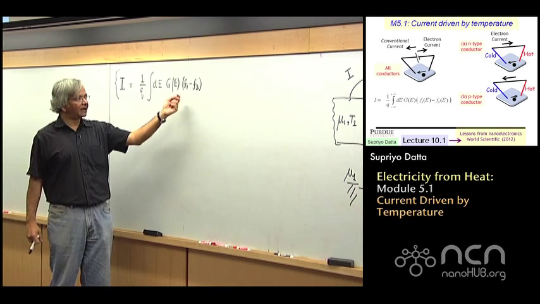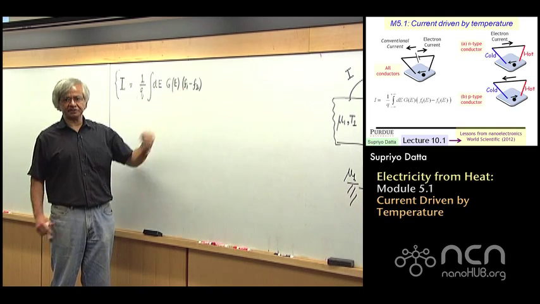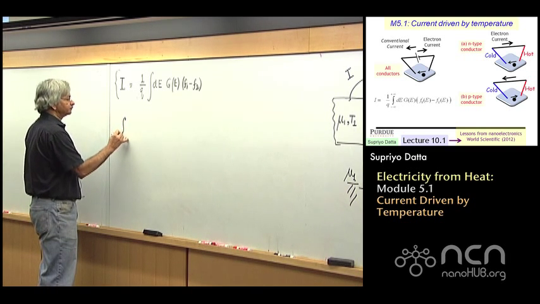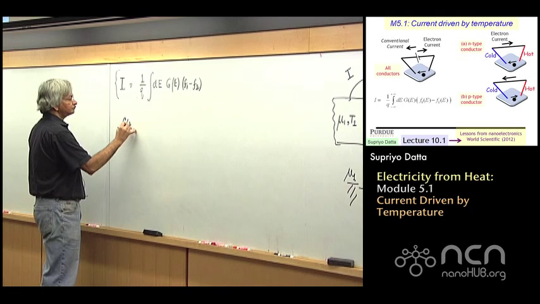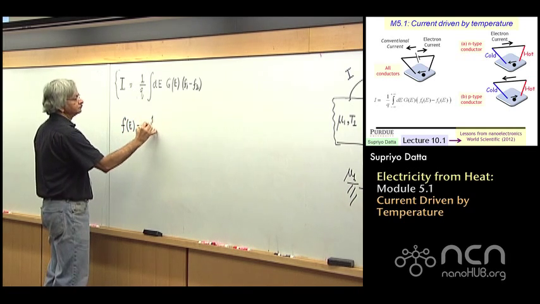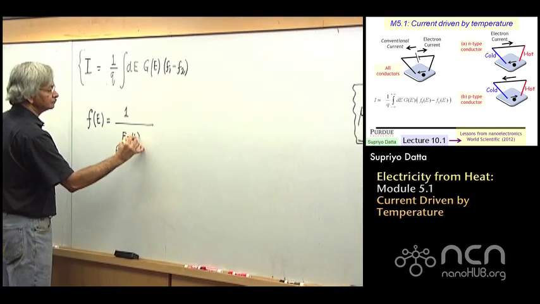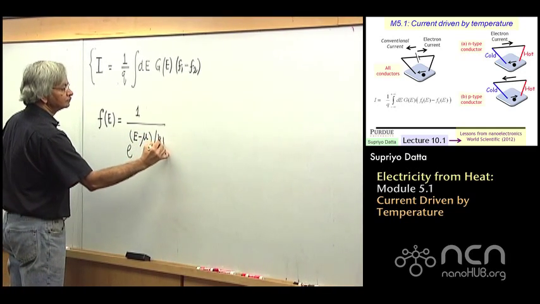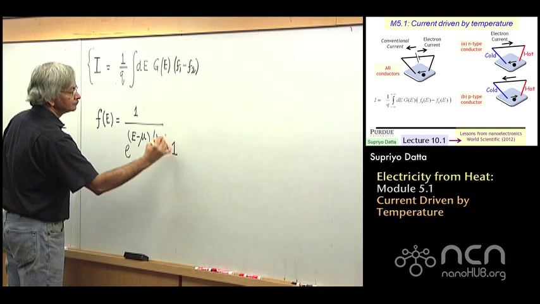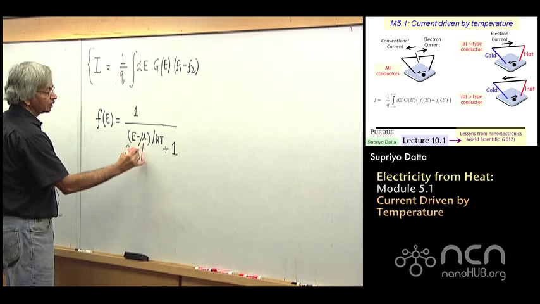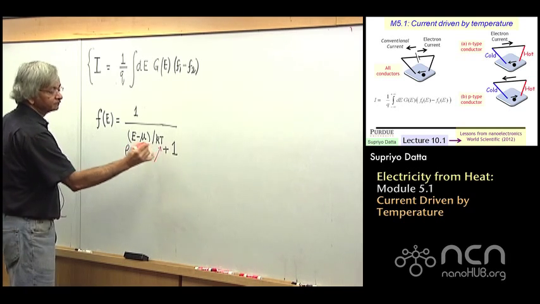Now, it will be driven by a difference in the 2 temperatures. Because if you remember, the Fermi function looks something like this. It involves both an electrochemical potential and a temperature.